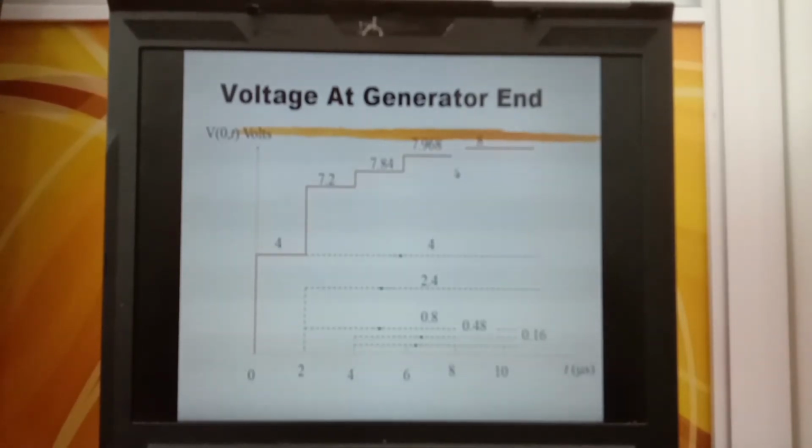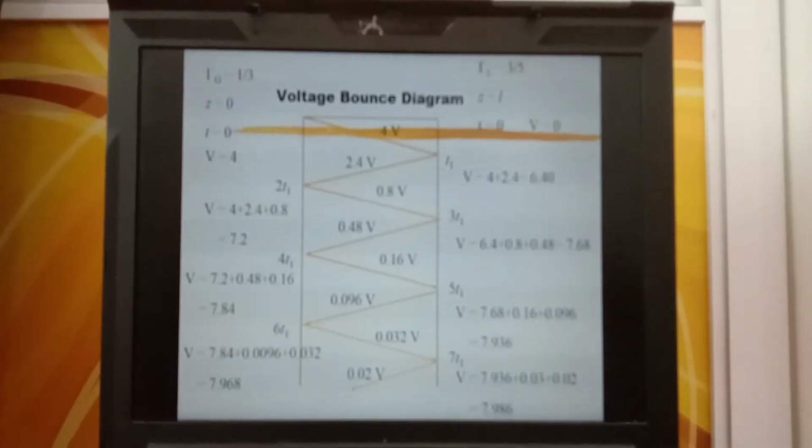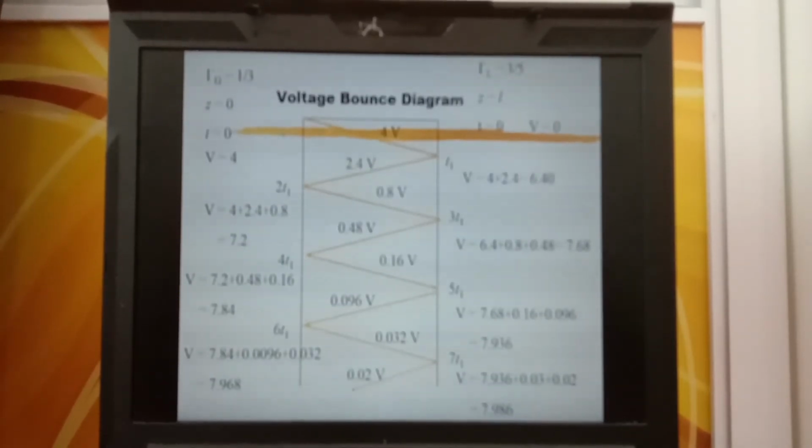As for the voltage at the load end, at time t equals 0, there is no voltage at the load end. The voltage is 0 because the voltage from the generator will only reach the load at time t1. Between 0 and t1, the voltage is 0.